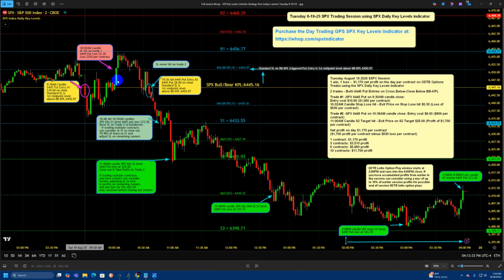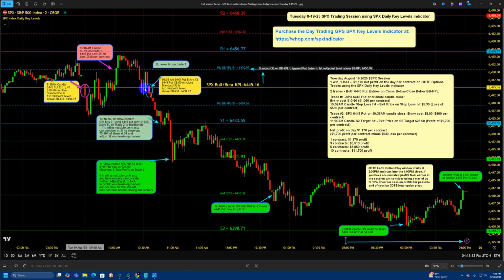Okay, and now we're going to wait for another entry. Since this was the initial thrust down, we're going to be looking for another bearish entry for today. Here we have a close below.